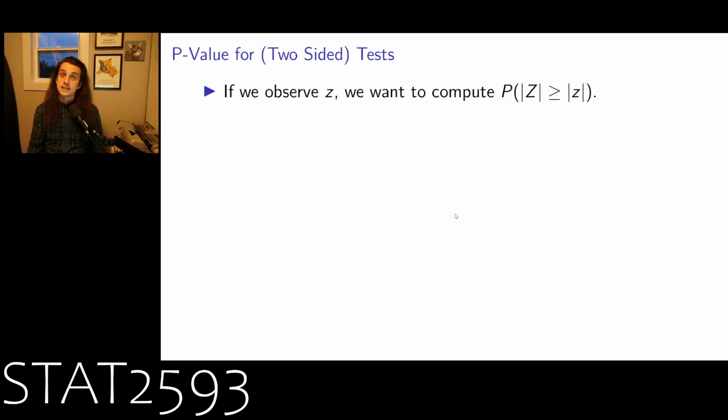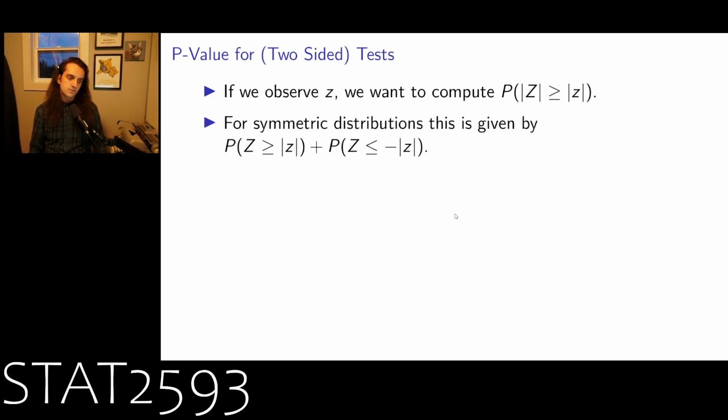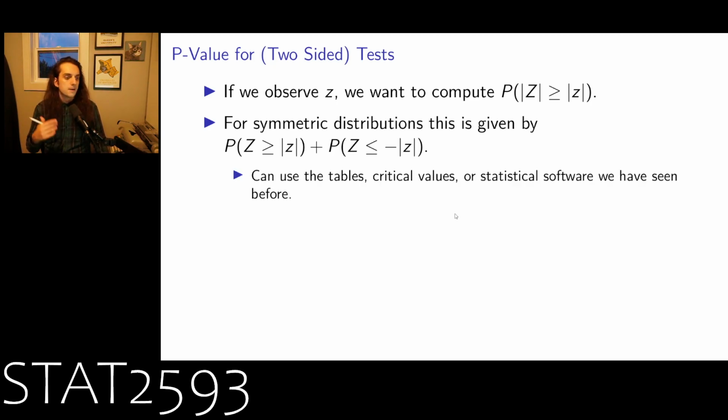So if z is the standardized version, then the probability is going to be the probability that the absolute value is greater than the absolute value of what we observe, which we can break down into the sum of those two areas. So again, we're just thinking about drawing out that graphic, looking at which regions are going to be more extreme than what we observed, and then computing the probability associated with those regions. We can use tables, critical values, statistical software, any of the above.